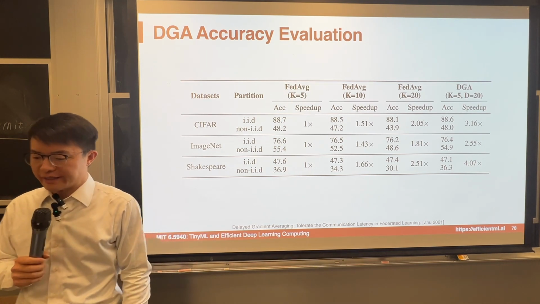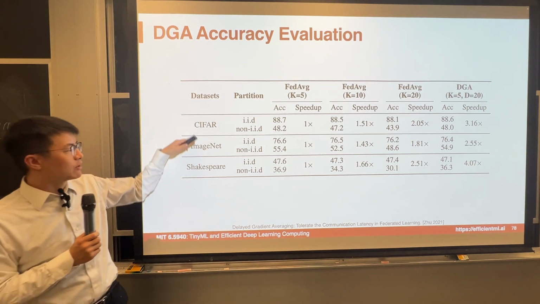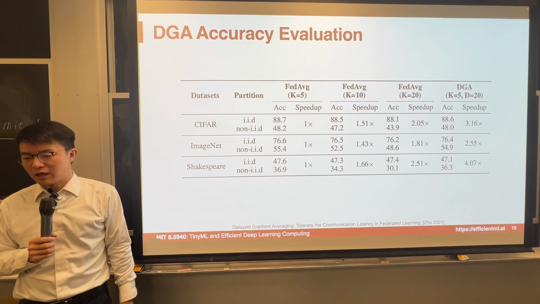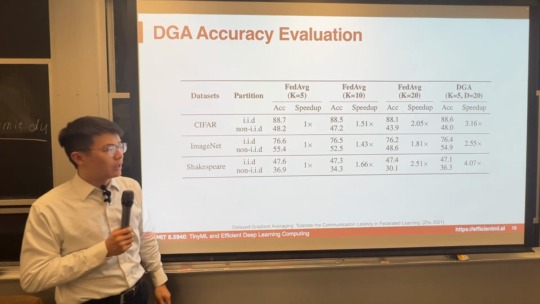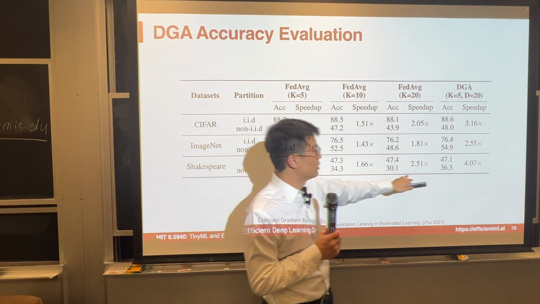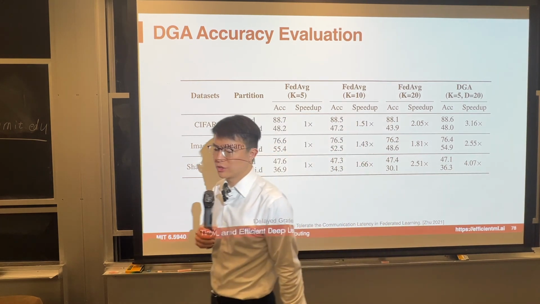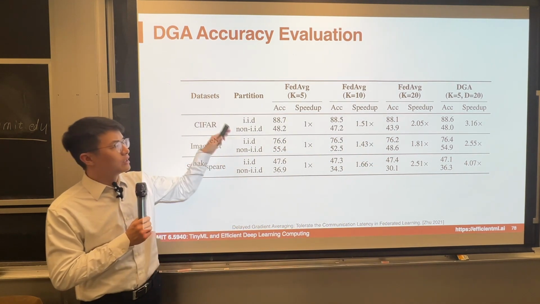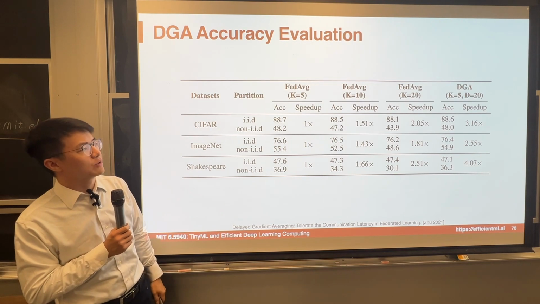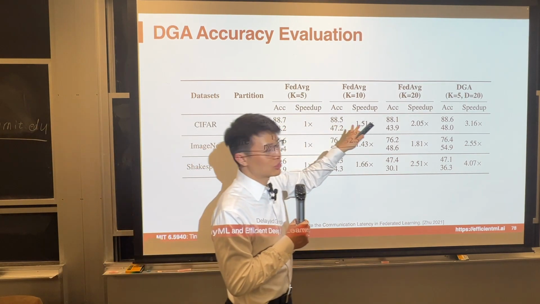So this is the accuracy evaluation on CIFAR, ImageNet, and also language modeling tasks. The speedup ranges from 2 to 4 times, which is pretty good. We tested IID and also non-IID scenarios, and we compare with the FedAvg approach.